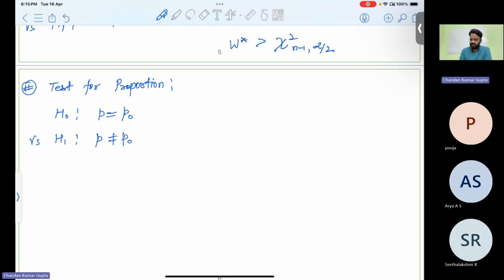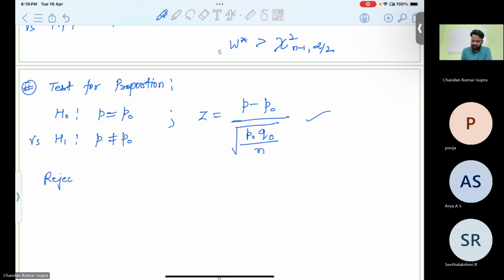Then the test statistic is defined as P minus P naught upon the root of P naught Q naught by n, where Q naught is 1 minus P naught. We find this value, and then reject H naught if the calculated value is greater than or equal to the tabulated value, otherwise we accept.